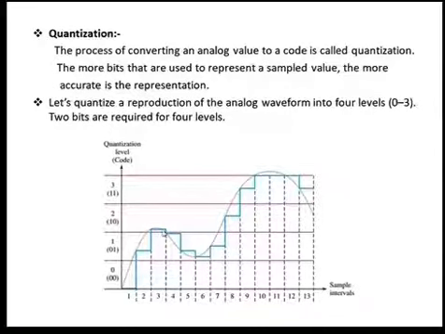Just focus on it. We have assigned quantization level 2, and for sample 4 we have assigned quantization level 1, that is the next lower level. For this value the next lower level is 1, for this value the next lower level is 2.